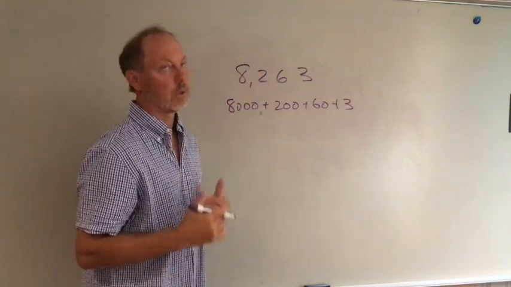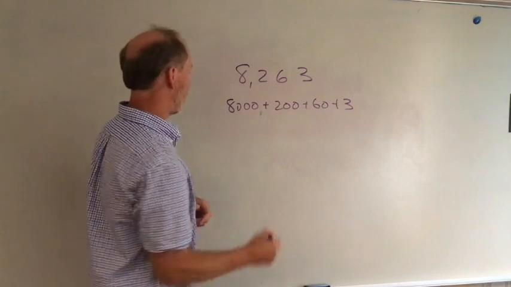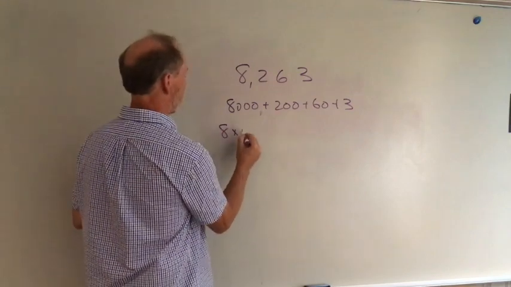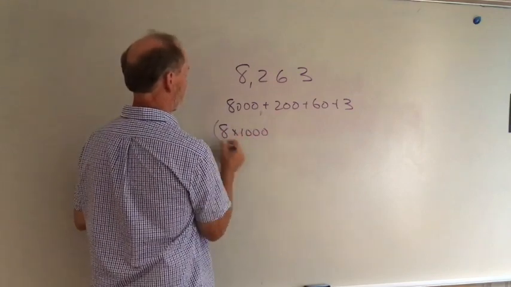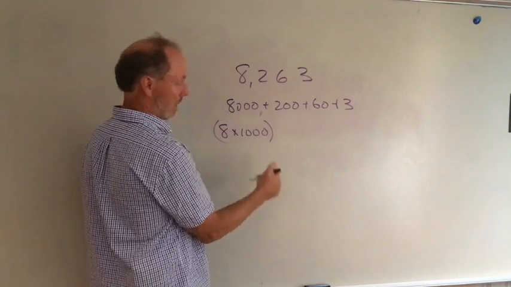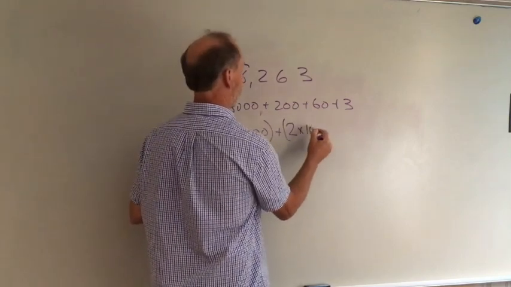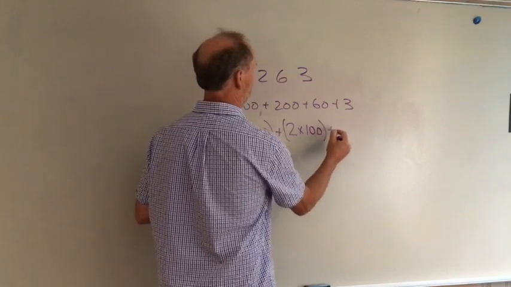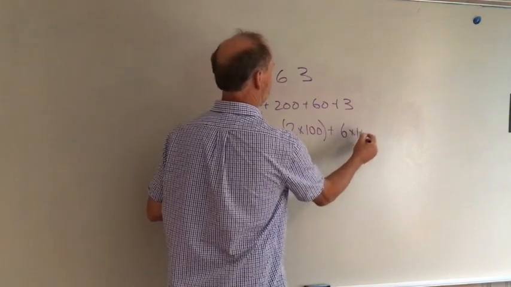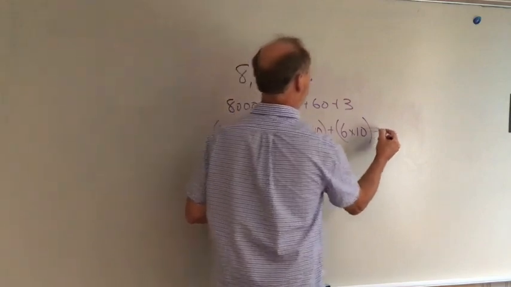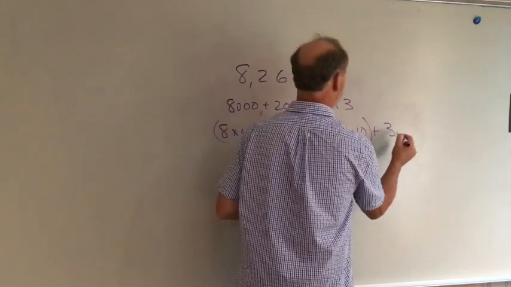Or I could do really long expanded form like 8 times 1,000, put in a bracket, plus 2 times 100, plus 6 times 10, plus 3.